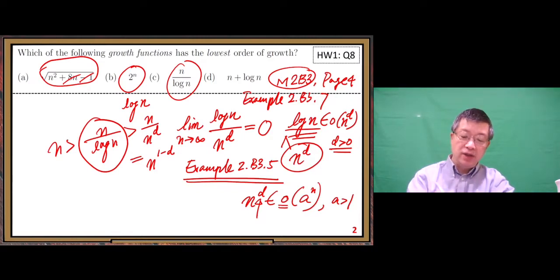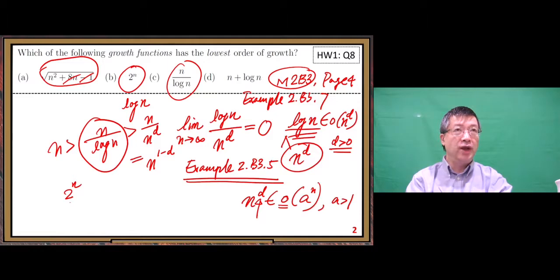So that means this 2 to the n, with a equals 2 greater than 1, can beat any large number d. This time we don't take a small number d, we take a large number d, eventually.